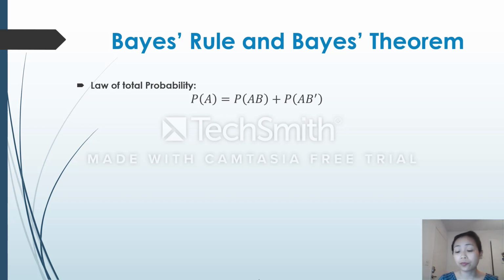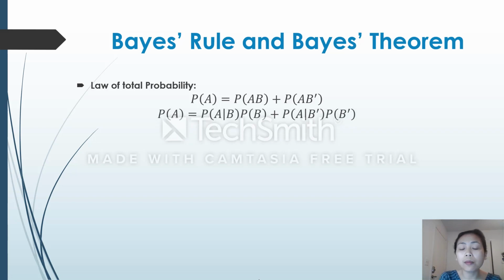It's very simple. Now the next step, we are going to apply the multiplication rule to the right hand side of this equation. On the right hand side we have two intersection events. The first term is probability of A and B, and the second term is probability of A and B prime. We use the multiplication rule one by one.